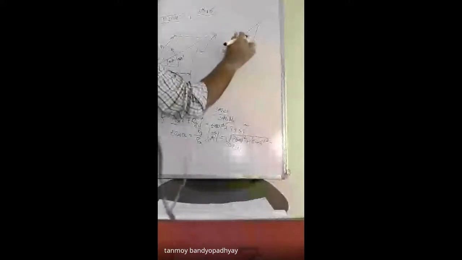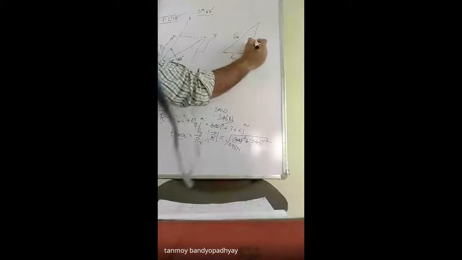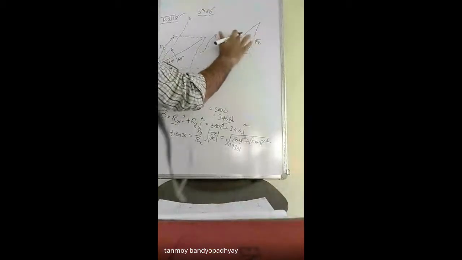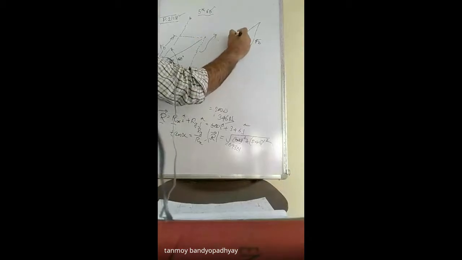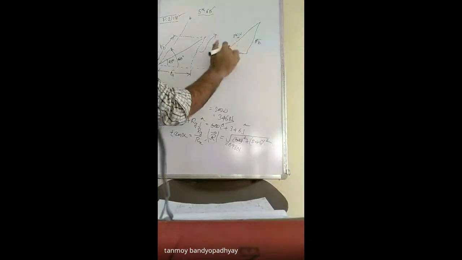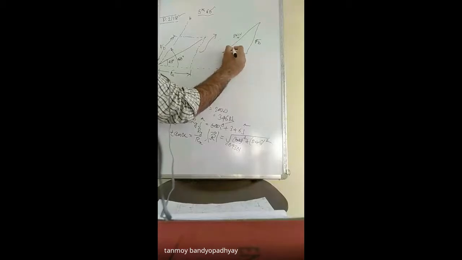Sorry, this line up to this is FB, and this one is the 2 kilonewton force. So what is this angle? This angle is 45 degree.